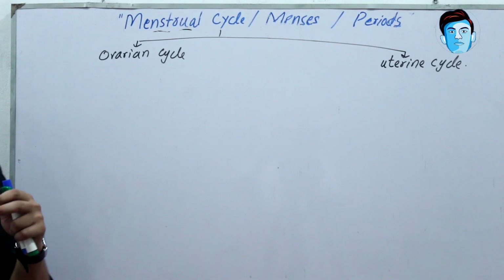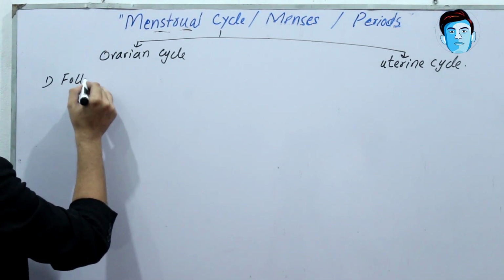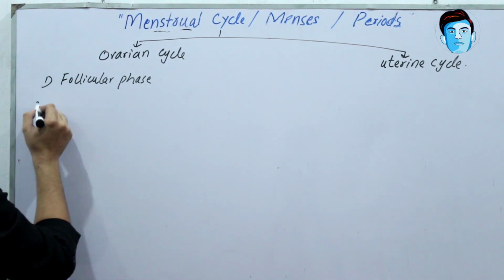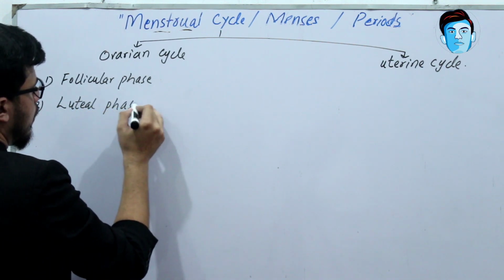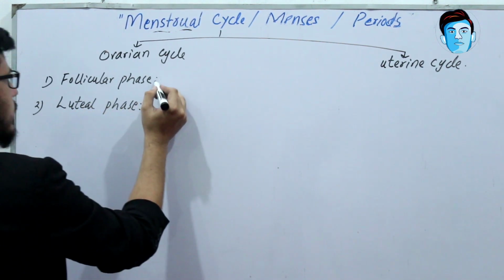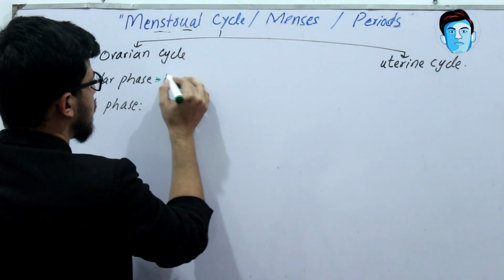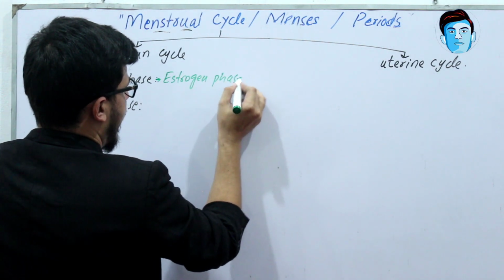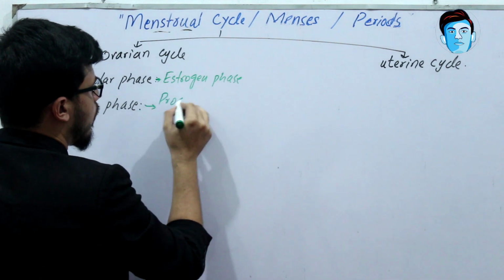Now, the ovarian cycle consists of the follicular phase and the luteal phase. Remember this: the follicular phase is also called the estrogen phase, and the luteal phase is also called the progesterone phase.